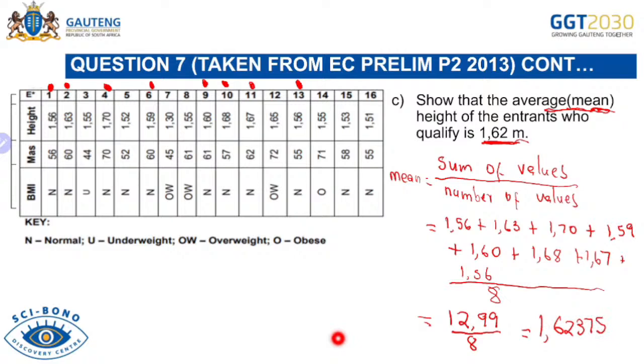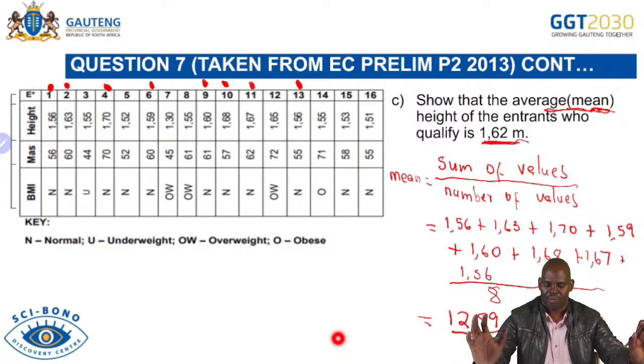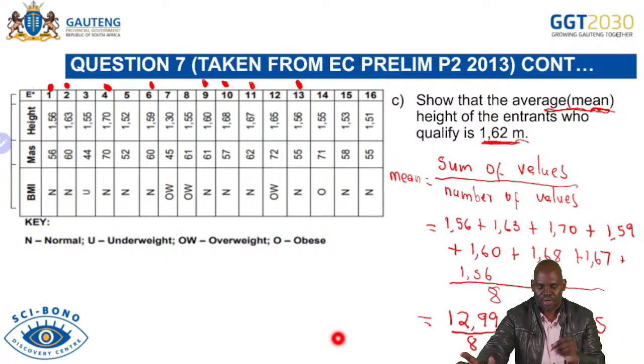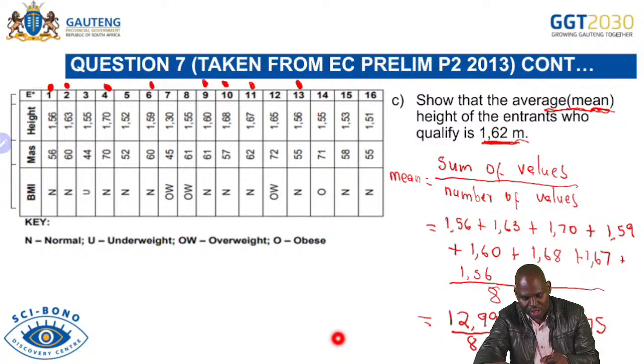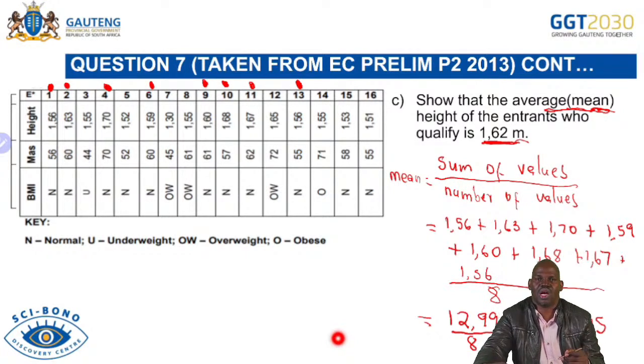1.62375. I hope you're also calculating, boys and girls. Make sure that you add up everything. So when I add up that, I get 12.99. Then I still have to divide it by 8. Then we get 1.62375. Now, the question was, show if the mean height is 1.62. We know that in Mathlead, we can also think about rounding.